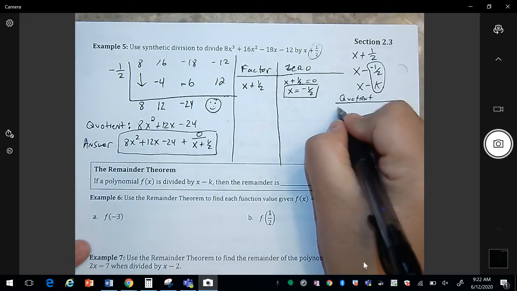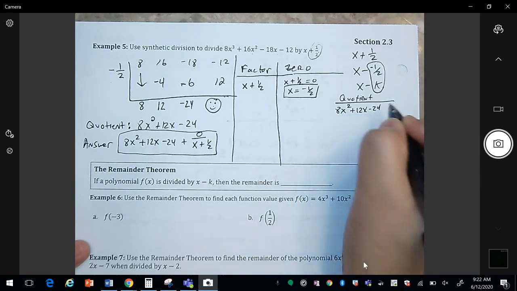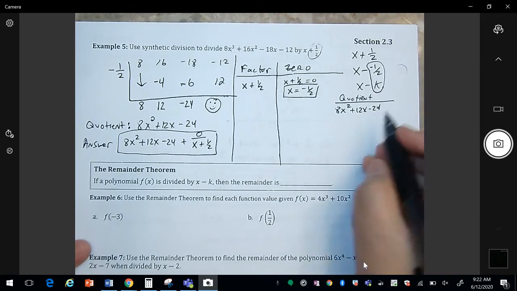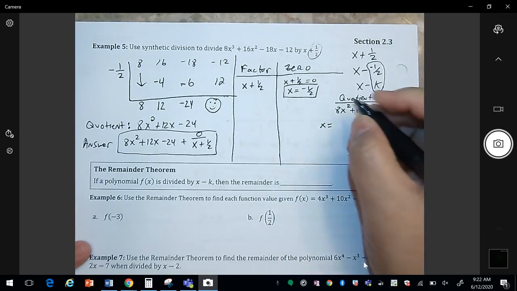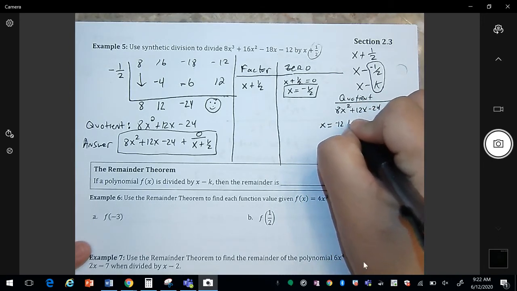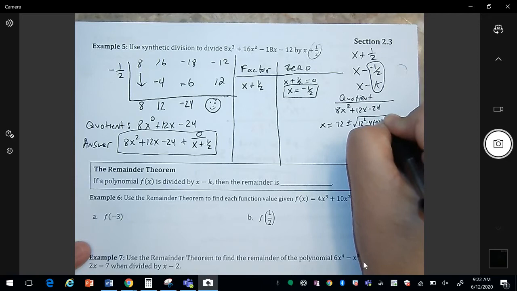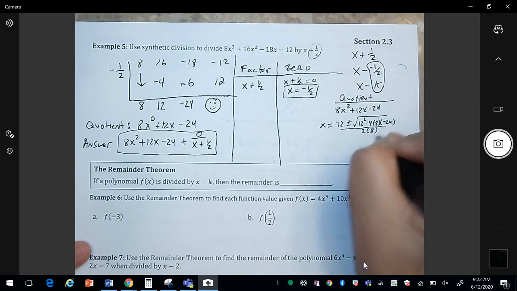Our quotient is 8x squared plus 12x minus 24. You can try to factor. If it doesn't factor, then we can use the quadratic formula, which would be negative 12 plus or minus the square root of 12 squared minus 4 times a times c divided by 2 times 8.